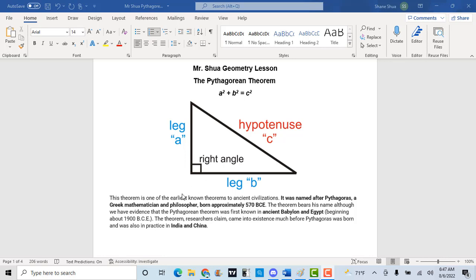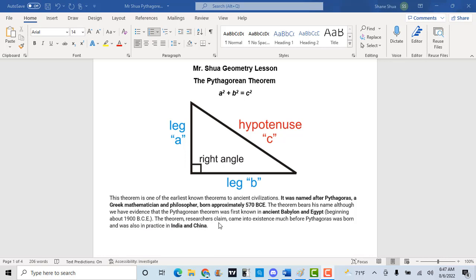Now, this theorem is one of the earliest known theorems to ancient civilizations. It was named after Pythagoras, who was a Greek mathematician and philosopher who was born approximately 570 before the Common Era. Now, this theorem bears his name, although we have evidence that the Pythagorean theorem was first known in ancient Babylon and Egypt beginning around 1900 before the Common Era.